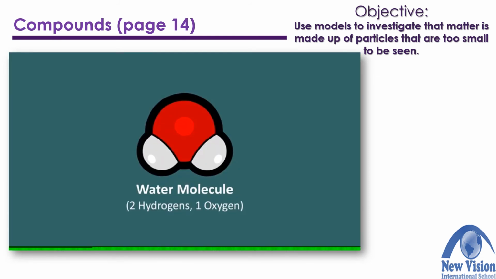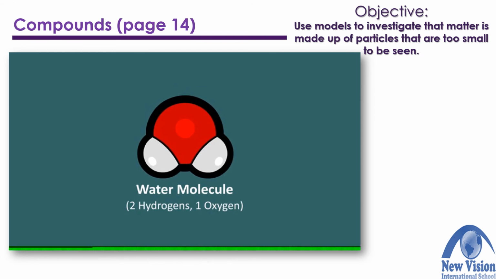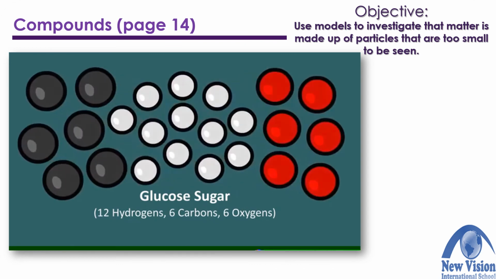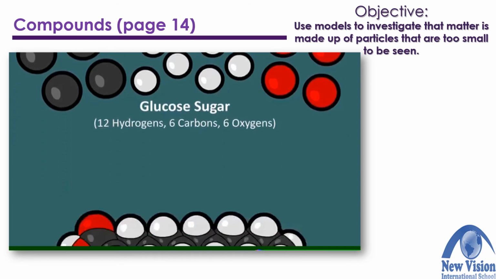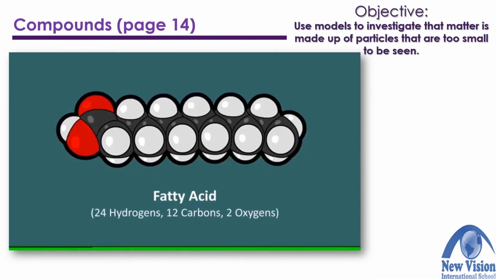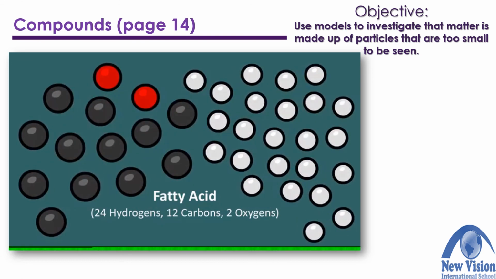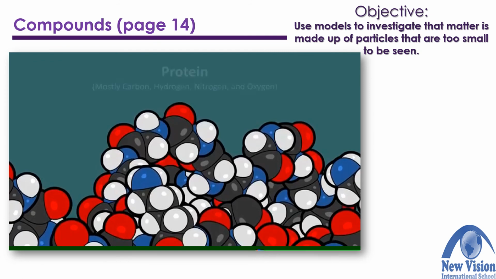A water molecule only has 3 atoms, 2 hydrogens and 1 oxygen. A molecule of glucose sugar has 24 atoms: 12 hydrogens, 6 carbons, and 6 oxygens. Fatty acids have 38 atoms. Protein can have 500,000 atoms.